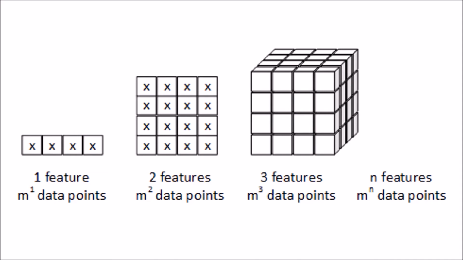Then we'll uniformly spread the data points out across the entire feature. Now if we go from 1 to 2 dimensions, then we're going to need the number of data points to the power of 2. If we go to 3 dimensions, it's going to be to the power of 3. And if we go to n dimensions, it's going to be to the power n.